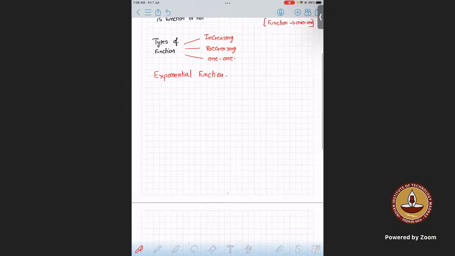In this we discuss graphing the exponential function, and what is the natural exponent.